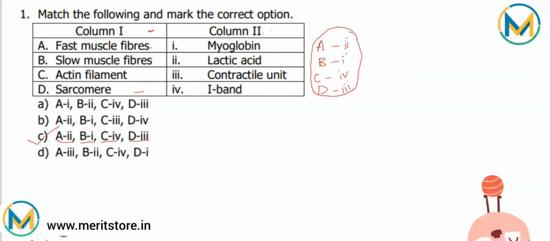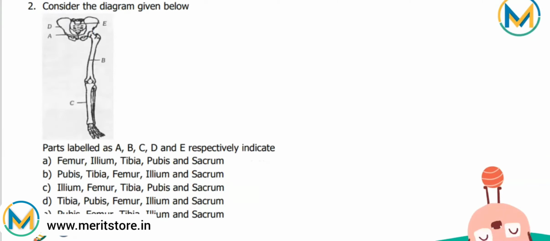Next question. Consider the diagram given below. Parts labeled as A, B, C and D respectively indicate what? So the first part, this A over here is the pubis bone. Then B, it's femur.